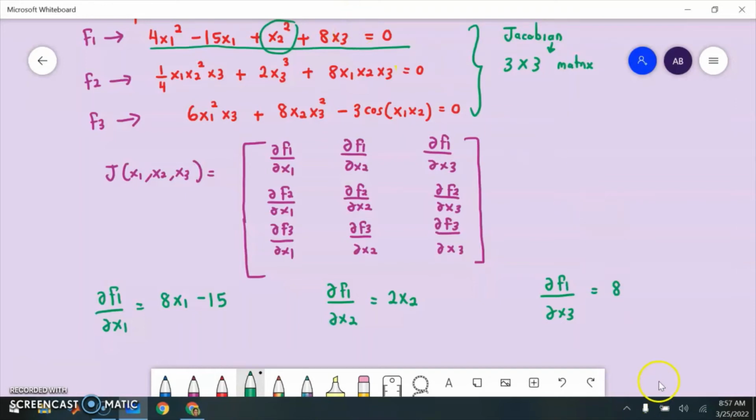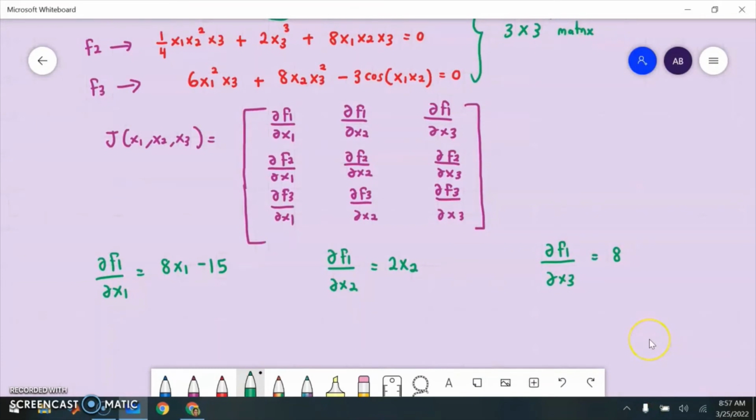Now move on to the second function with respect to x1. Okay, we have here, first this one. When I take the derivative with respect to x1, I will have 1 over 4 x2 squared x3.